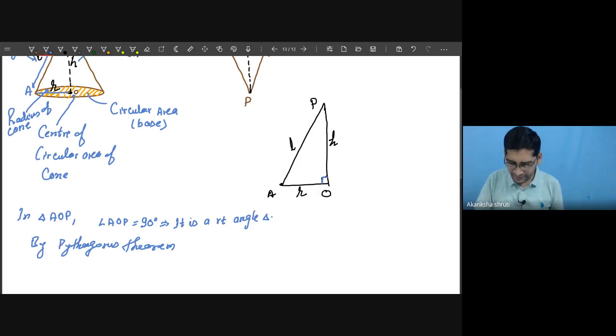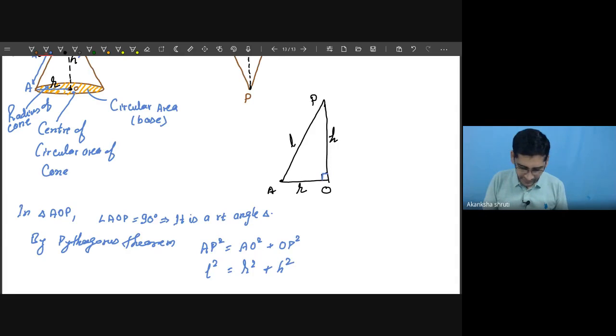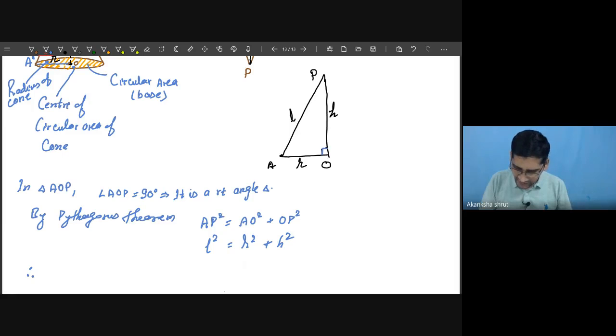So here AP square is equal to the sum of the squares of the other two sides, meaning AO square, which includes the right angle, plus OP square. So this L square can be written as R square plus H square. Therefore, by knowing R and H, L can be calculated by taking the sum of their squares, then you have to take the under root.